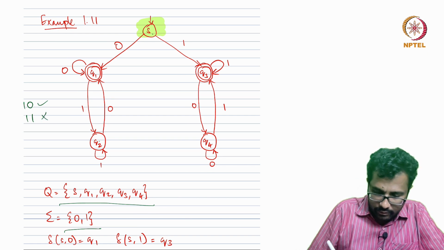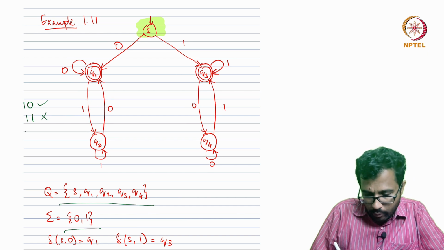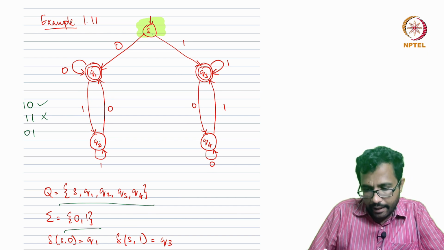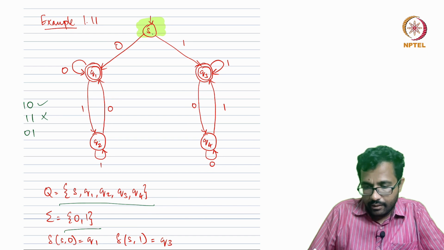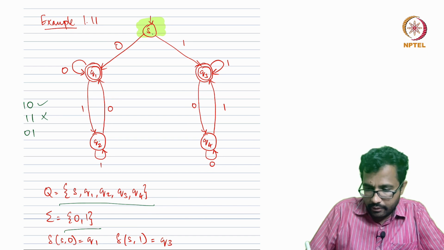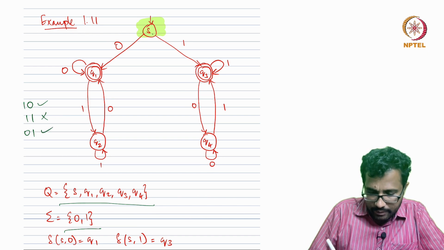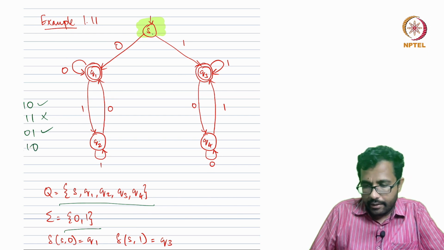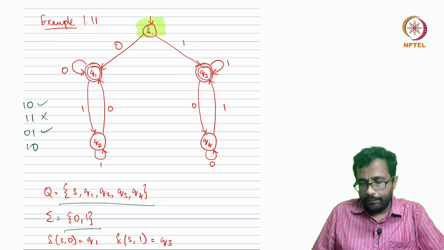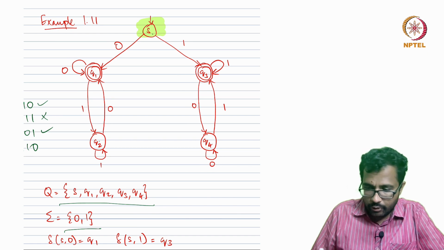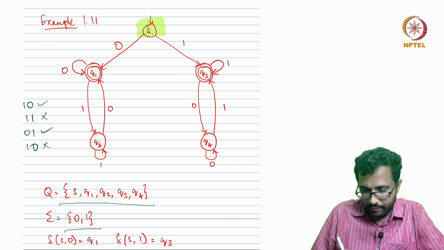So this is not accepted. How about 1 0 1? From S you move to Q3, and then 0 takes you to Q4 and 1 back to Q3. So this is accepted. How about 1 1 0? 1 takes you to Q3, 1 keeps you at Q3, and 0 takes you to Q4, which is not accepted.